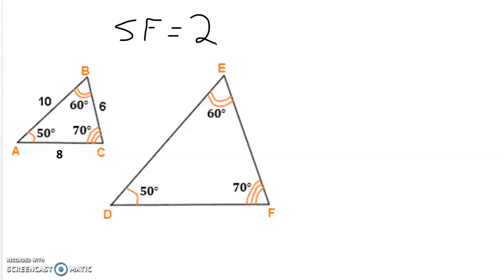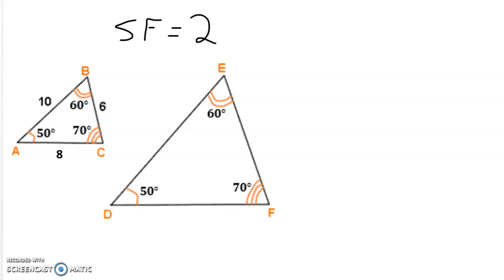I'm going to dilate triangle ABC. ABC is the original triangle in this case, and I'm going to use my scale factor to find the missing side lengths. First, I need to identify the corresponding sides of these two triangles.